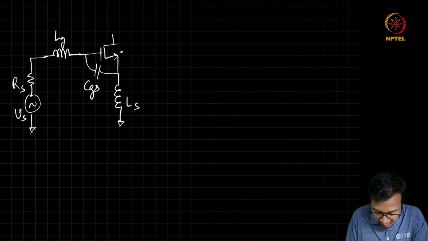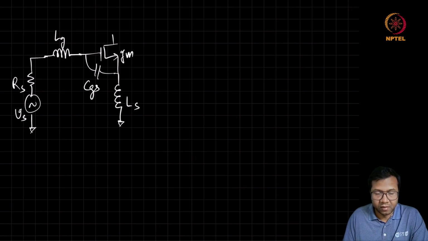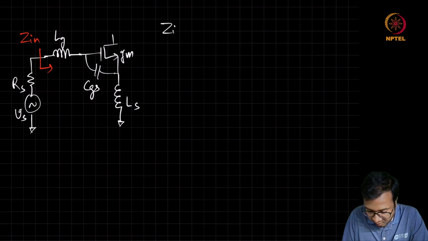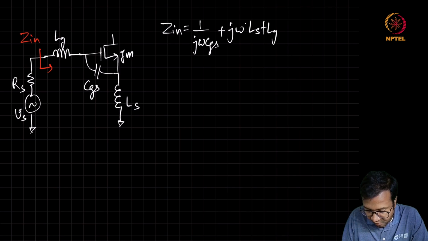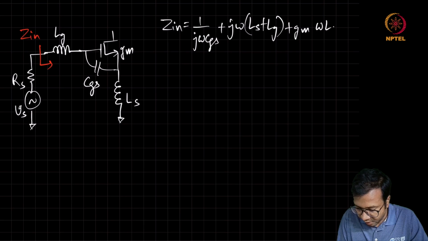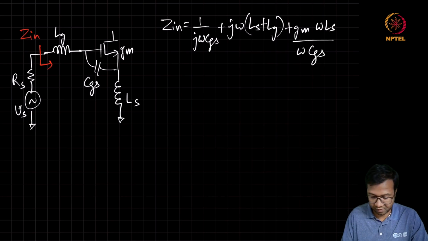In such a scenario, this MOSFET is biased with a transconductance of gm, then this Zin, which is equal to, now 1 by j omega CGS plus j omega (Ls plus Lg) plus gm Ls divided by CGS.